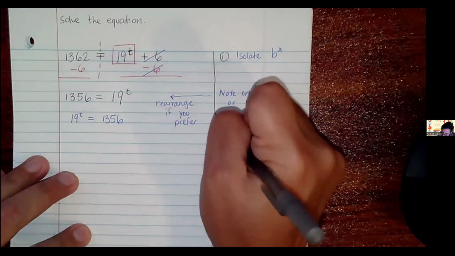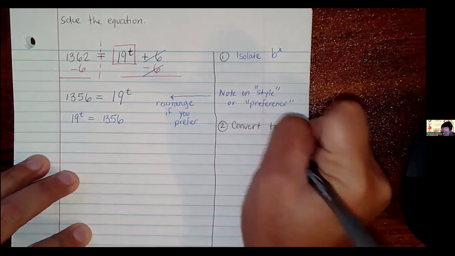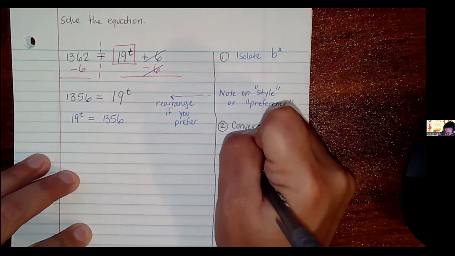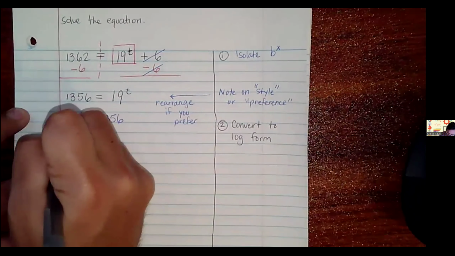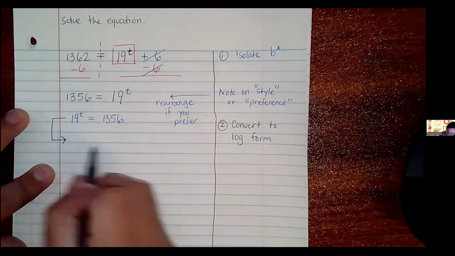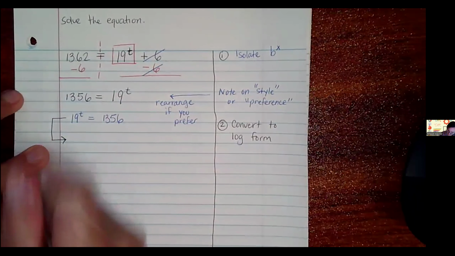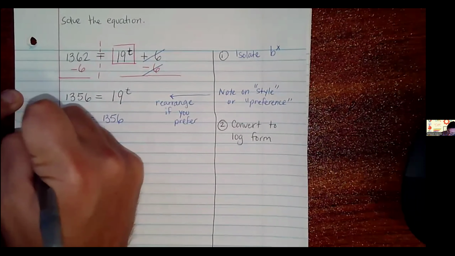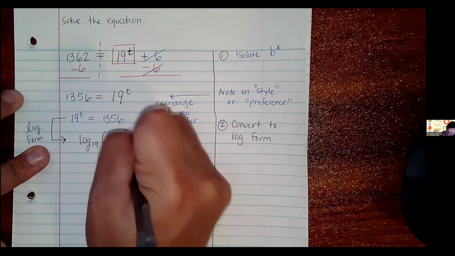But then we're just going to convert to logarithmic form, because we have it as an exponential. If I need to write this in log form, what am I going to write down? Log base 19, parentheses, equal.